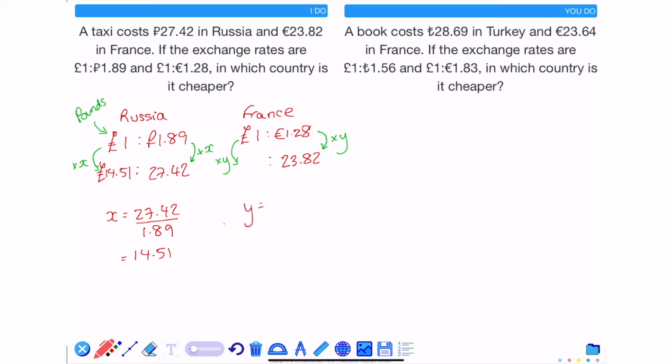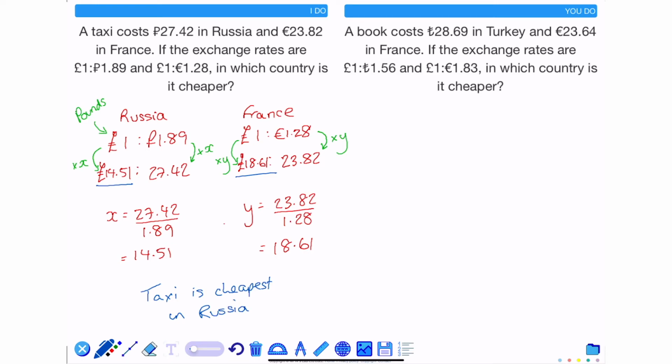Y will equal 23.82 divided by 1.28. This gives 18.61. The taxi would cost £18.61. Now looking at the two prices that I've got, the taxi is cheapest in Russia.